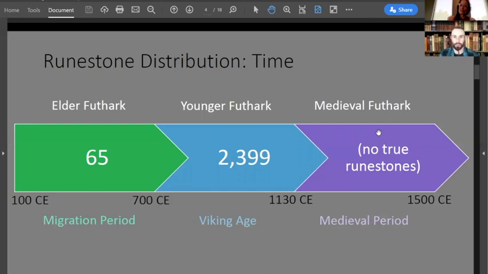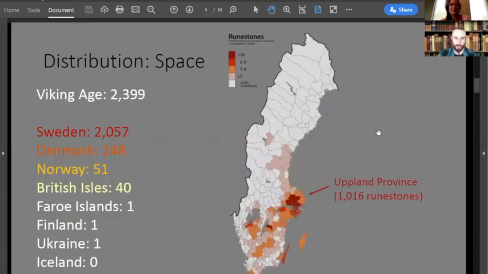So let's see where runestones are found. Of the 2,399 Viking Age runestones, an amazing 2,057 are in Sweden. So Sweden has most of them, 86%. Then Denmark is next with about 248.